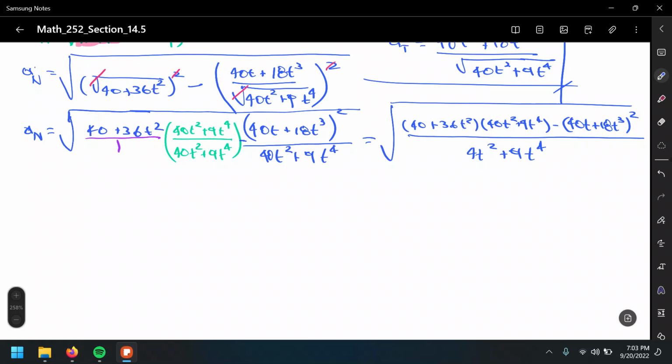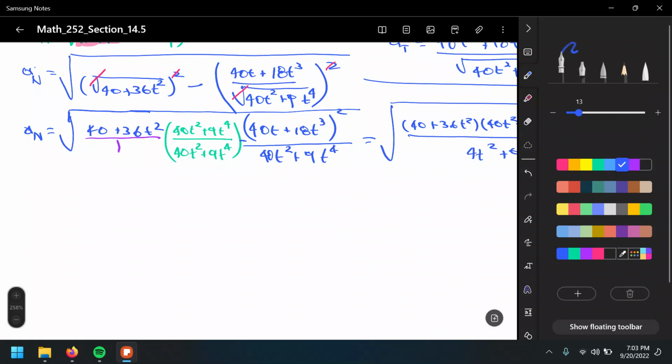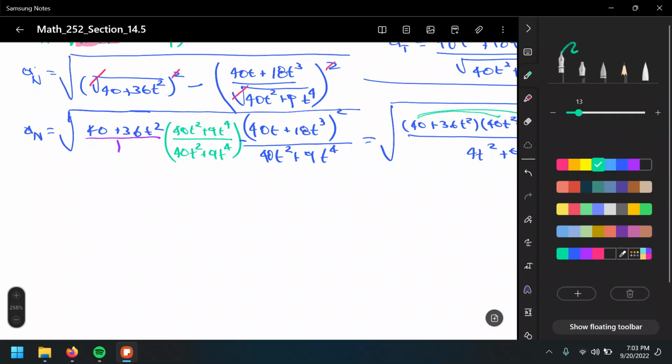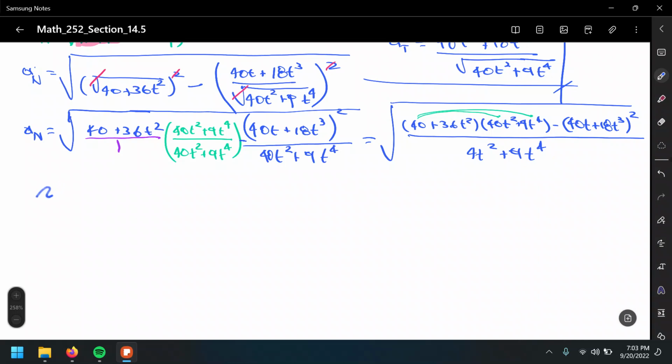And let's simplify the numerator of the quantity inside of the radical. So let's do the foiling here. Let's do 40 times 40t and 40 times 9t to the fourth. So that's going to be equal to the square root of 40 times 40, isn't that 1600? 1600 t squared.